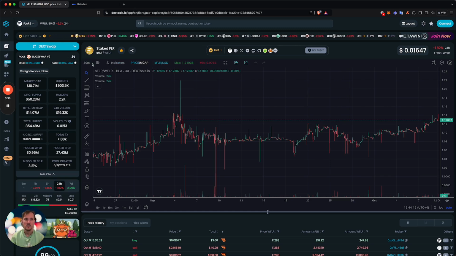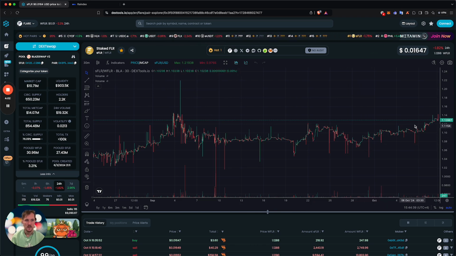market here. So this is DEX tools, and you can see this is the chart for S-Flare against wrapped flare. So you can see that it's generally pretty stable, which is what you expect for two highly correlated tokens, but occasionally you see there's these spikes in both directions, so up and down.